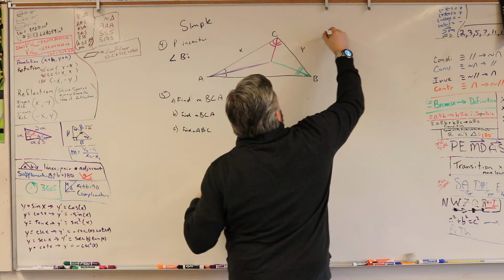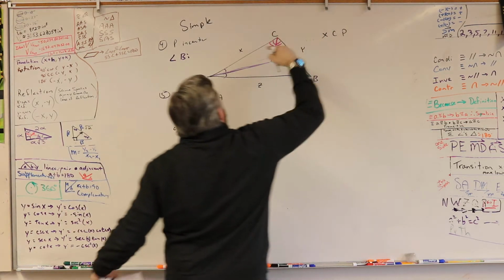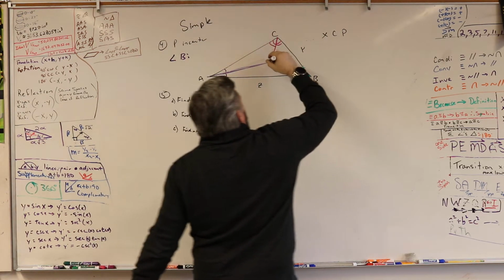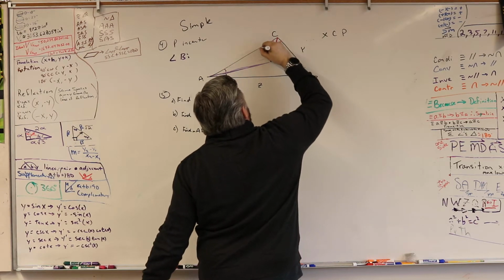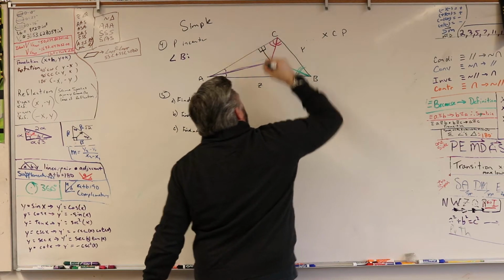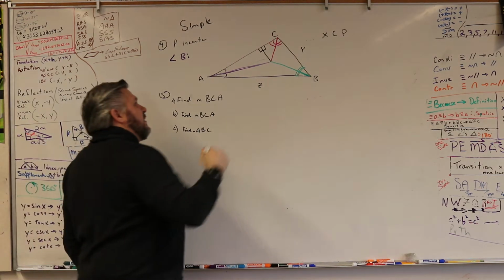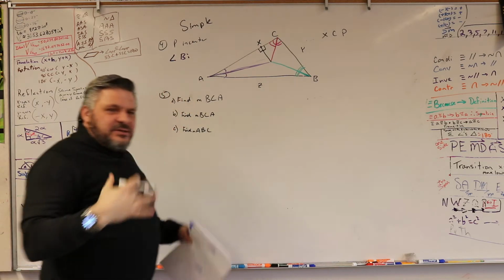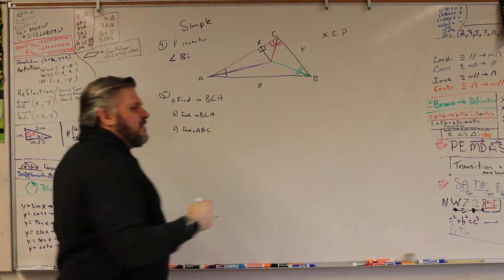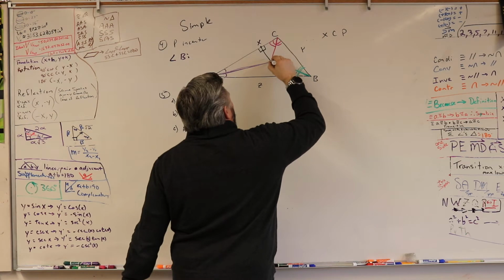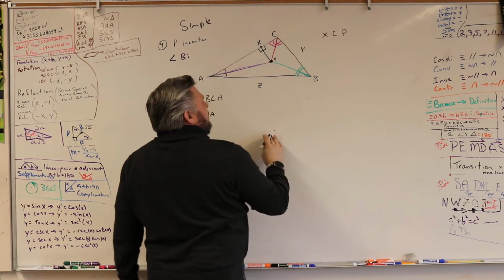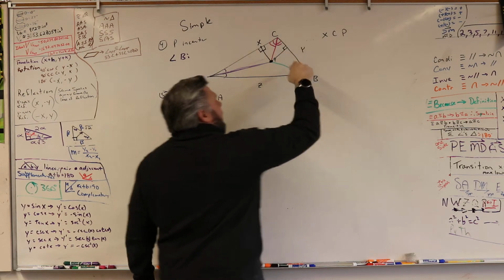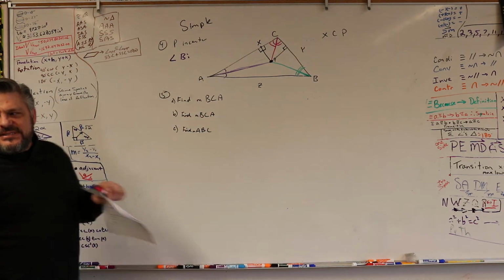So XCP, well X, right, X is created by this, and that's what we also have to understand, okay, is the incenter, right, the circle that's created inside is created from this P, and it's got to create points that are perpendicular to the sides.